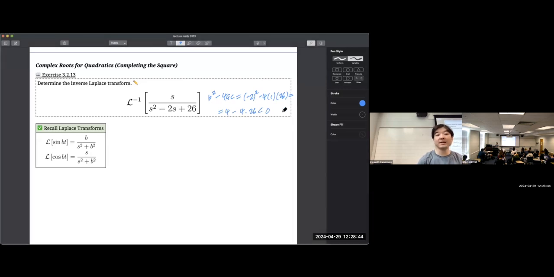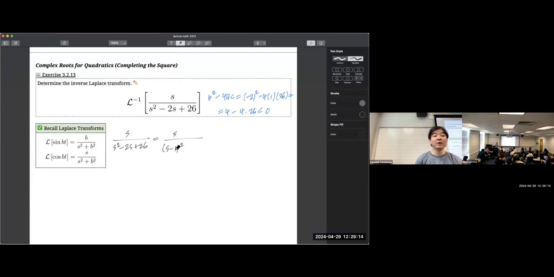So you'll have complex roots. So the way you do this is you just say, I'm going to take the bottom, s squared minus 2s plus 26. And you could rewrite the bottom as, I take the middle entry, which is minus 2, and divide it by 2. So I'll just say s minus 1 squared. Okay, so if you have this, you'll have s squared.